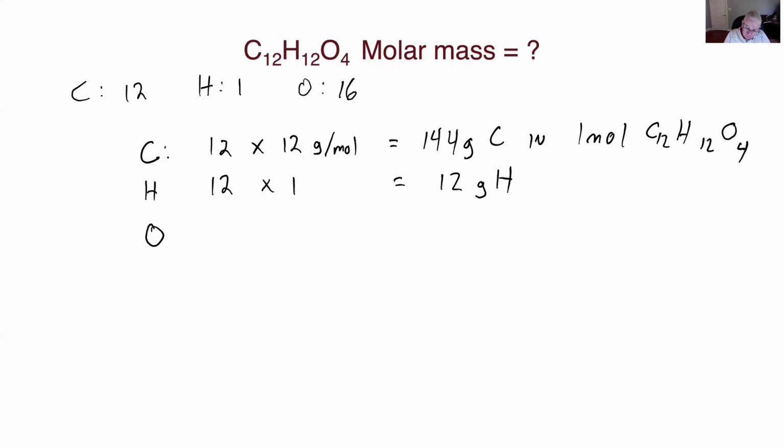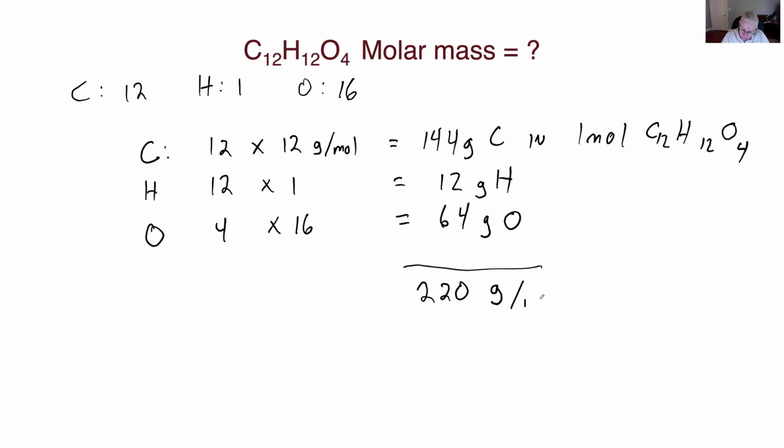For the oxygens, I have 4 of those, and they are 16 grams per mole. So I multiply that out, and I get 64 grams of oxygen in there, right? If I take all those and add them up, what do I get? 220. Yeah, that's what I get. Okay, so that says I have 220 grams per mole for that compound.